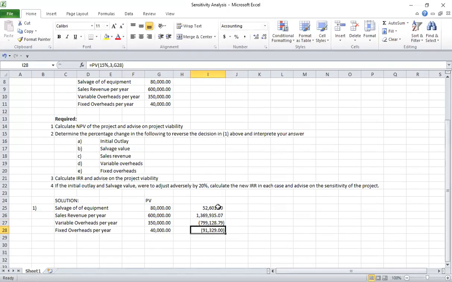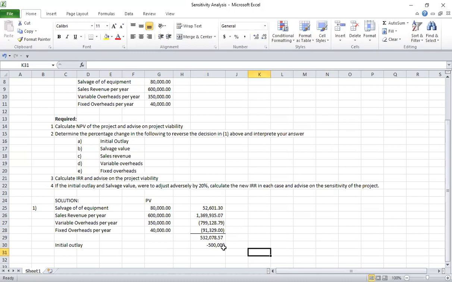When we added all this, we got about 532, from which we deducted the initial outlay, which was 500,000 shillings, I believe.